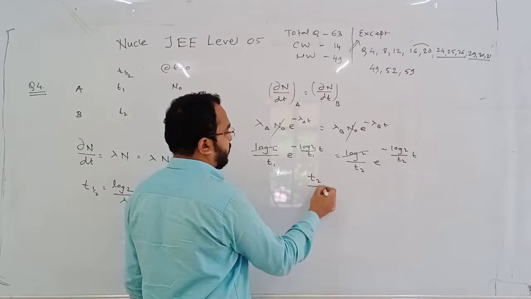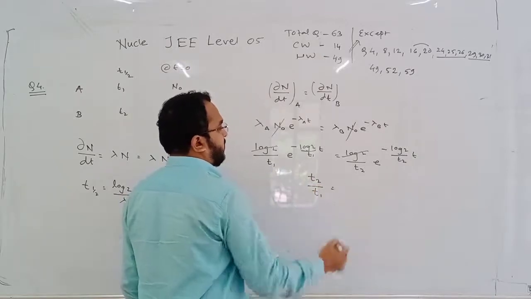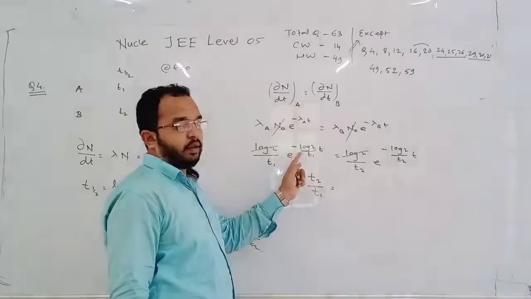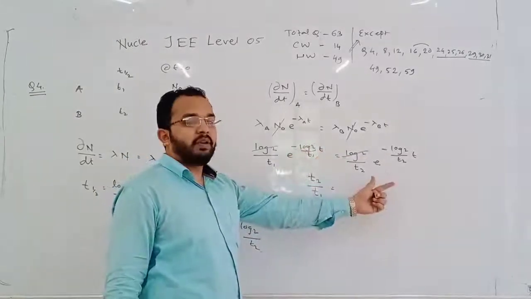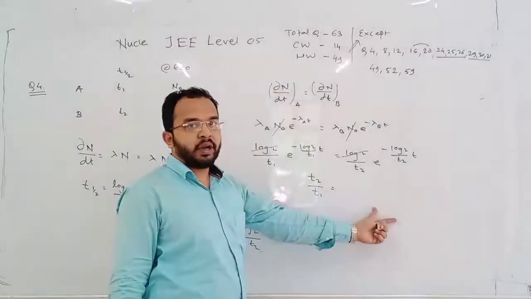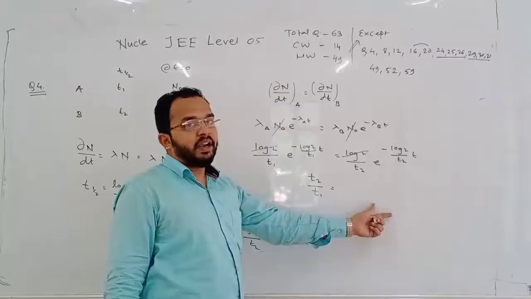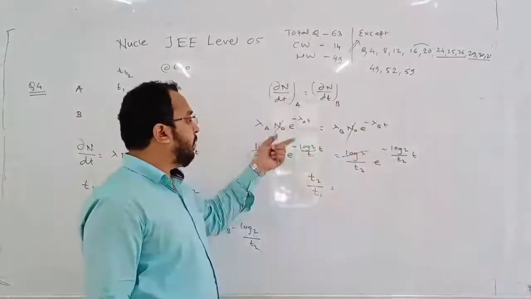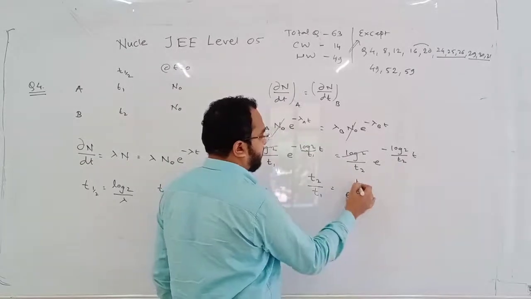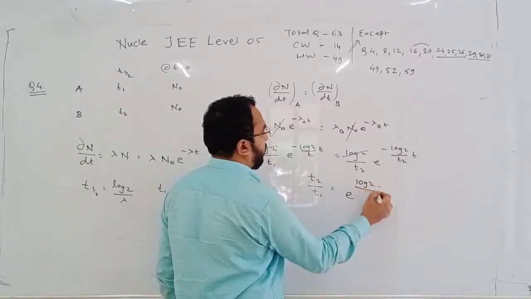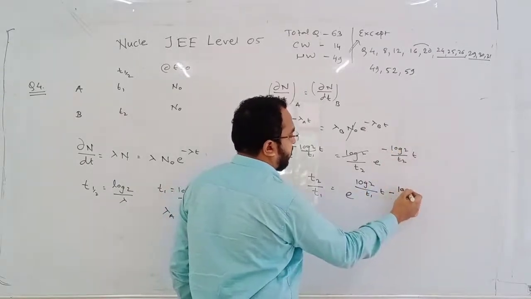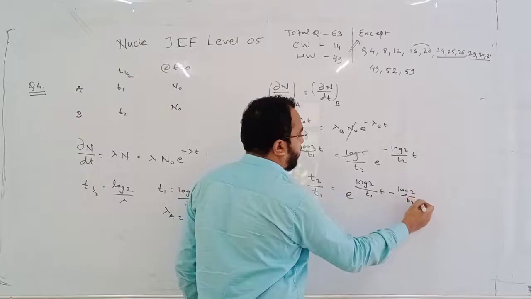So T2 upon T1 is equal to e to the power of something in negative sign. When it goes to the other side, it will be in the denominator, and when it goes from the denominator back to the numerator, it will become plus. So we get e to the power positive of log 2 upon T1 into t minus log 2 upon T2 into t.